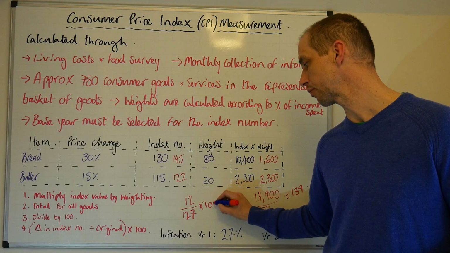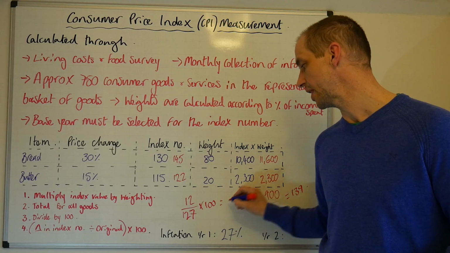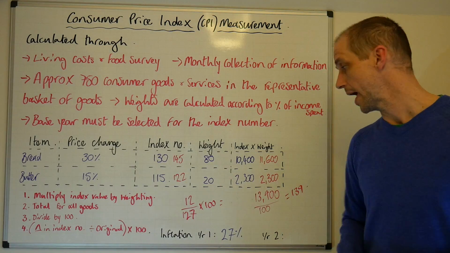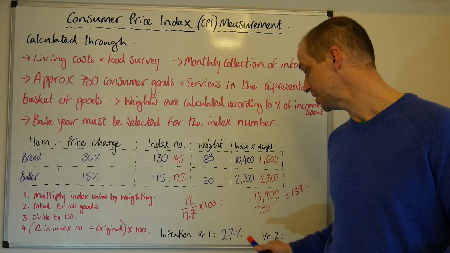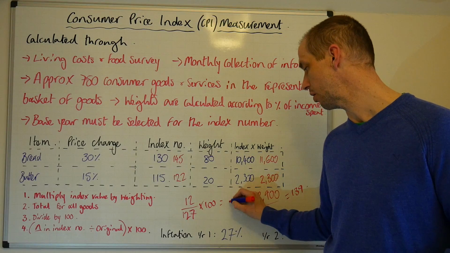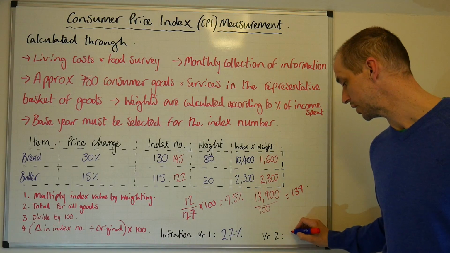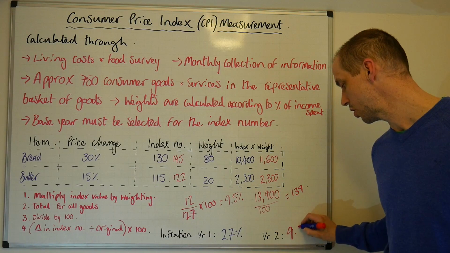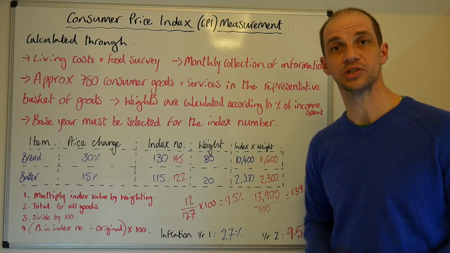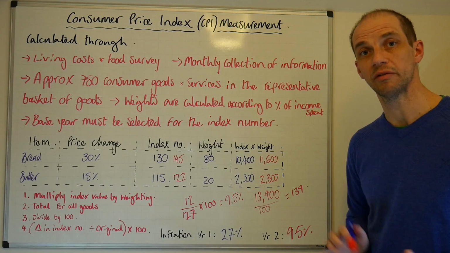So we worked through that response there, and that would then give us a percentage change in the actual inflation rate of, well, to one decimal place, 9.5%. Okay, so therefore we would end up with 9.5% as our percentage change in inflation.